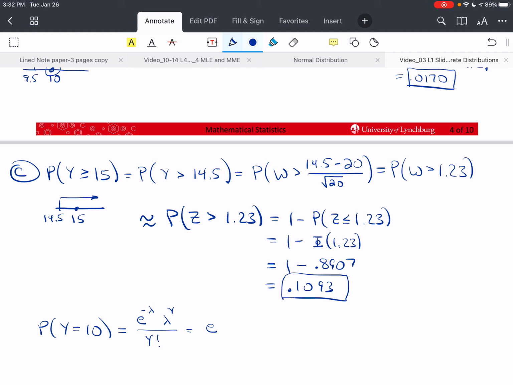So this is going to be e to the negative 20, because lambda is 20.